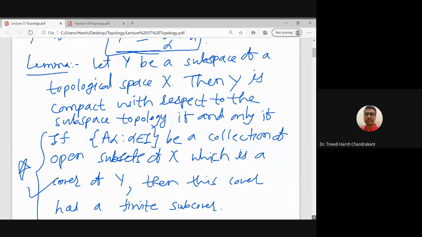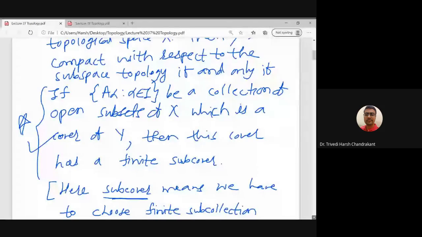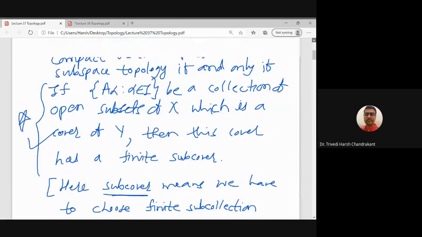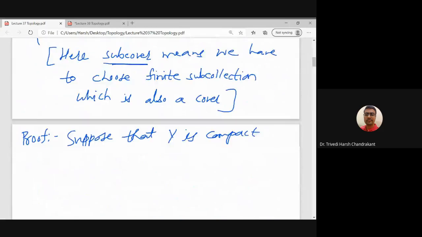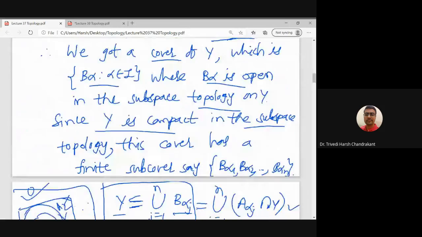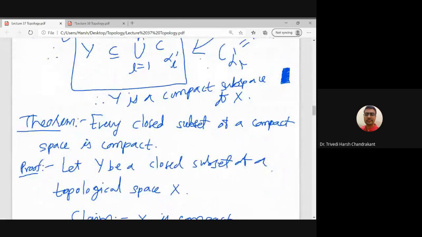Okay, so let me continue: if we have an open cover of Y by subsets of X, then this cover has a finite subcover, right? This property, which we have called the star property, is basically the criterion which is equivalent to the subspace being a compact space. And as an application, in the last lecture we proved that every closed subset of a compact space is compact.